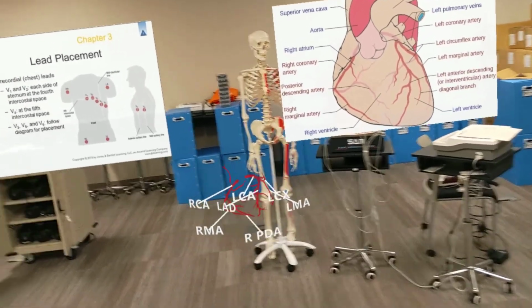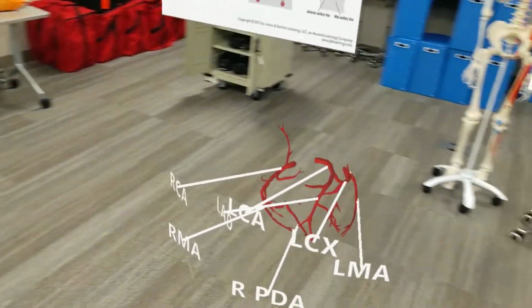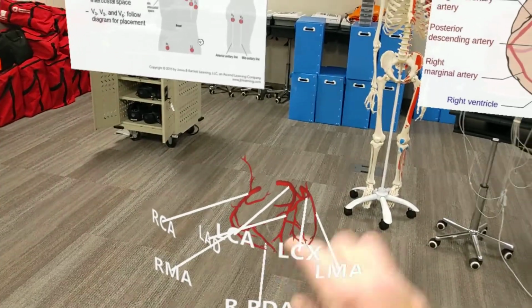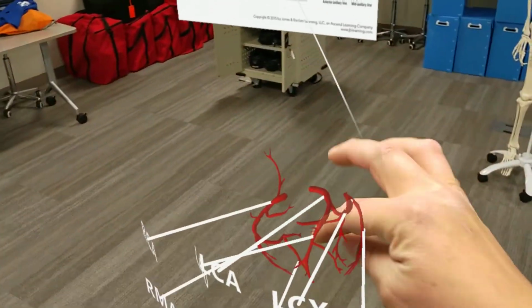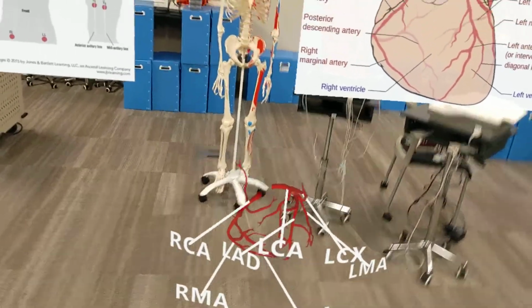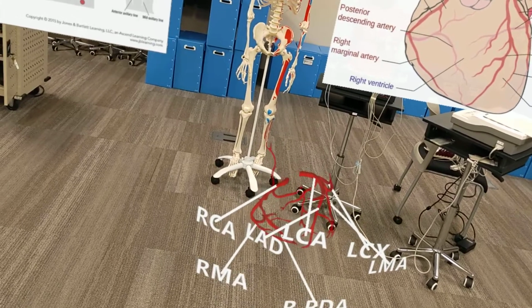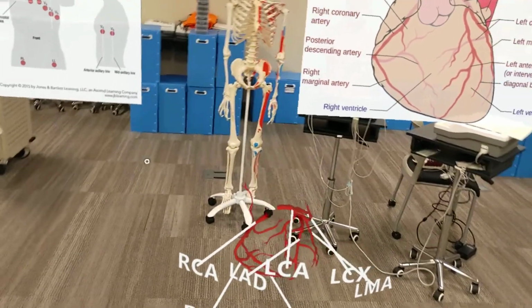So here are the labeled coronary arteries: the left marginal artery, the right posterior descending artery, the left circumflex, the left coronary artery, left anterior descending, your right marginal artery, and your right coronary artery.